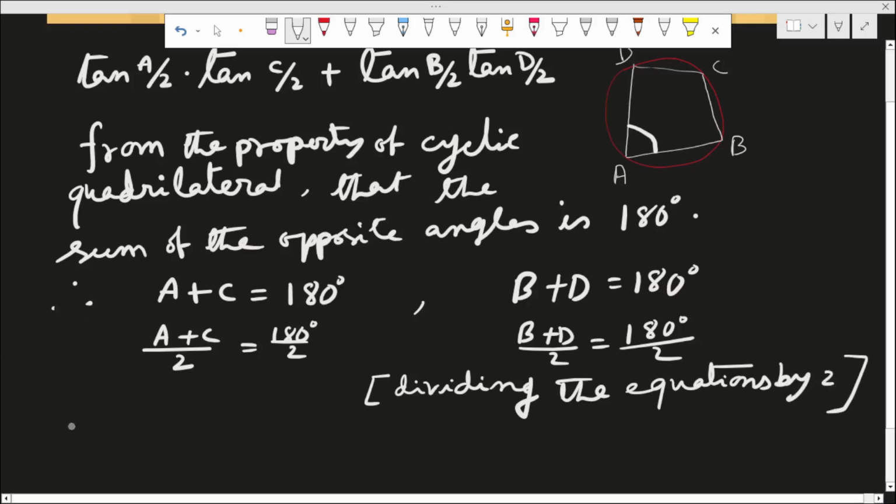Now these can be reduced: A by 2 plus C by 2 is equal to 90 degrees.